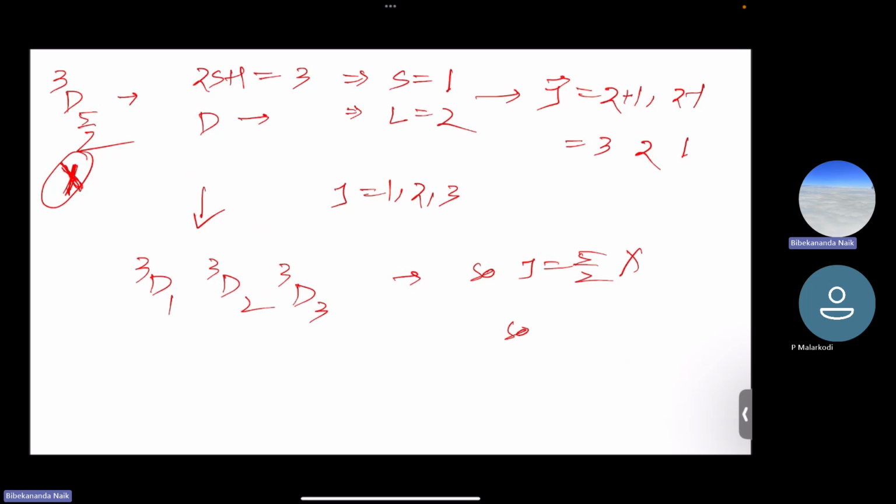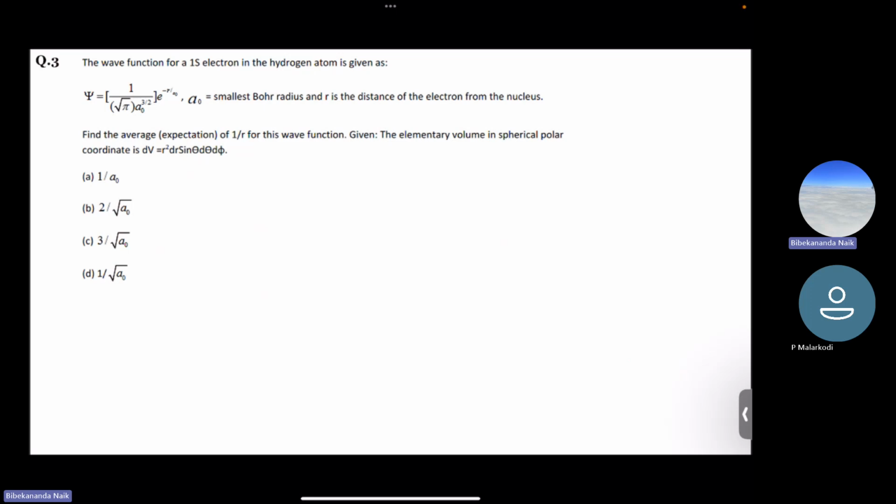Now we will move to the next one, that is question number 3. Question number 3 says the wave function for a 1s electron in the hydrogen atom is given by psi equals 1 by root pi a0 to the power 3 by 2 times exponential minus r by a0, where a0 is the smallest Bohr radius and r is the distance of the electron from the nucleus.